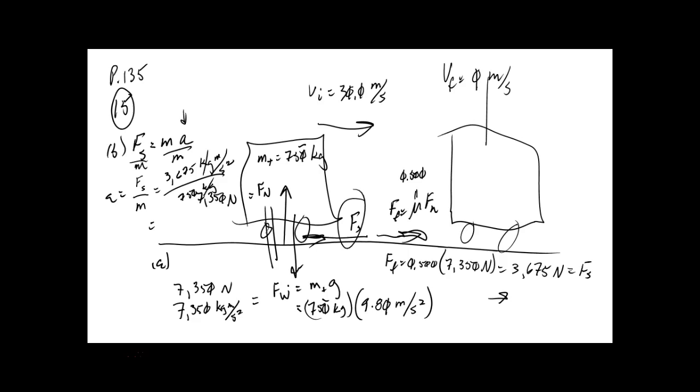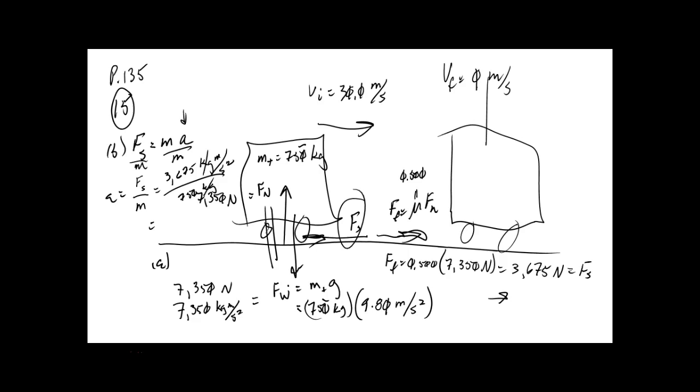And the kilograms go out, so 3,675 divided by 750. I'm guessing around 4 to 5, what you get. What you get is acceleration. My guess may be off. Yep, right in between 4 and 5.